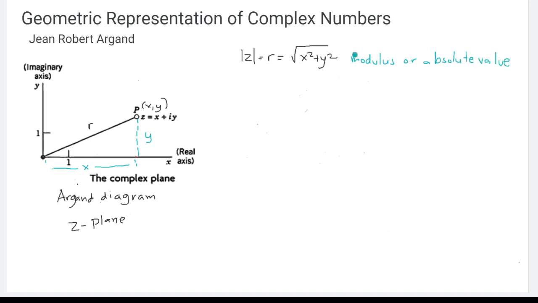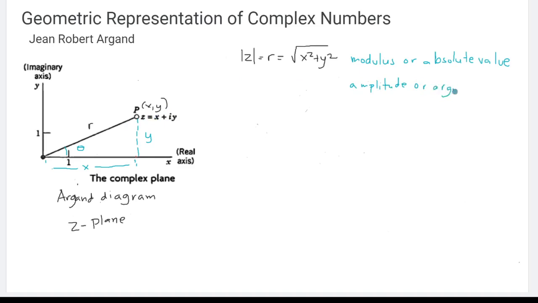Then for our argument, what is argument? This is the angle. So the angle from the positive x-axis to point OP is called the amplitude or argument.